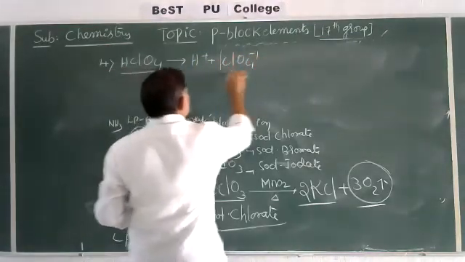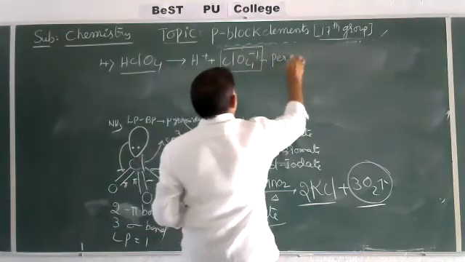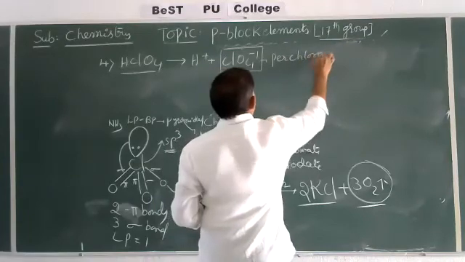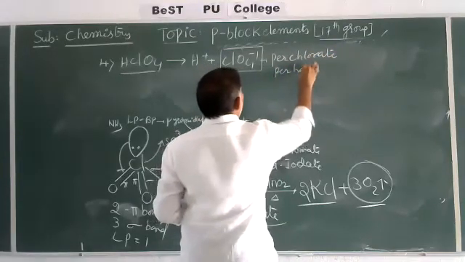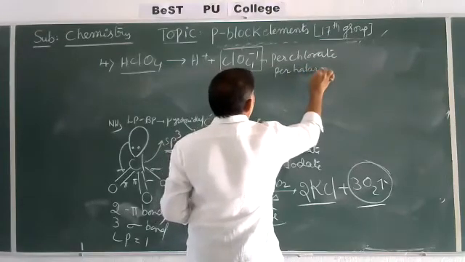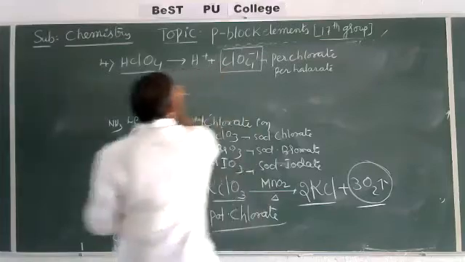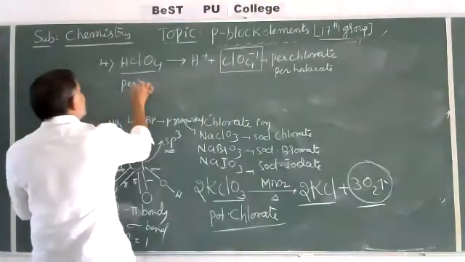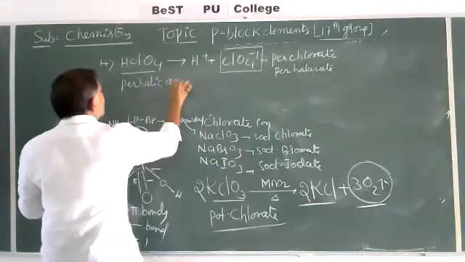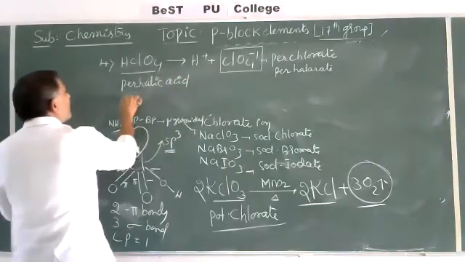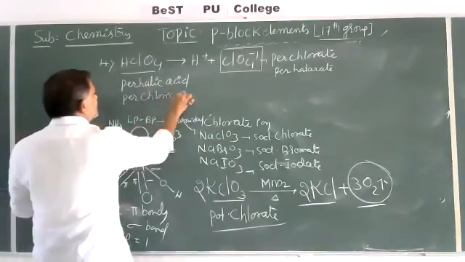So this ion is called perchlorate. This is perhalorate, this is a salt. This is obtained from perhaloic acid.